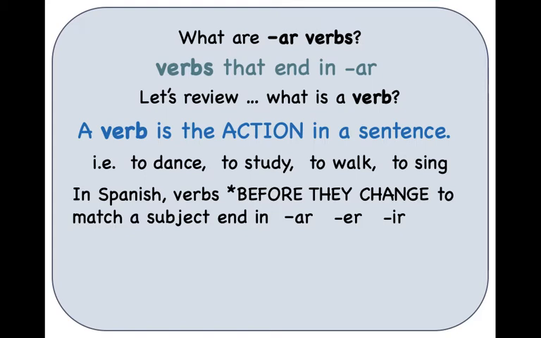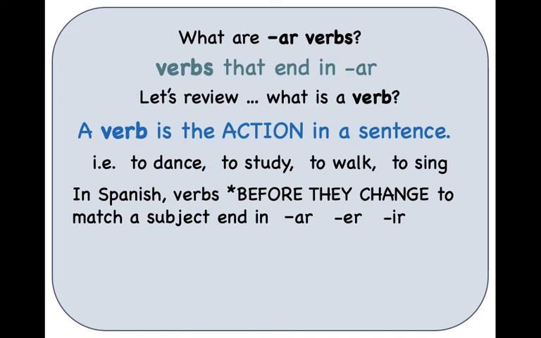Now in Spanish, verbs before they change, that grammar term is called conjugation, conjugated. And you already worked on the conjugation of the verb ser. I am, you are, he is. That's conjugating. You don't say I to be, you to be, he to be.